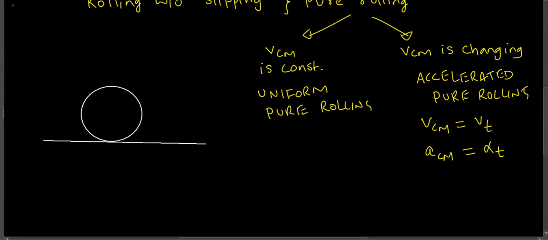Here, the center of mass has a certain velocity, and the disk has angular velocity omega about the center, and if r is the radius, they match.